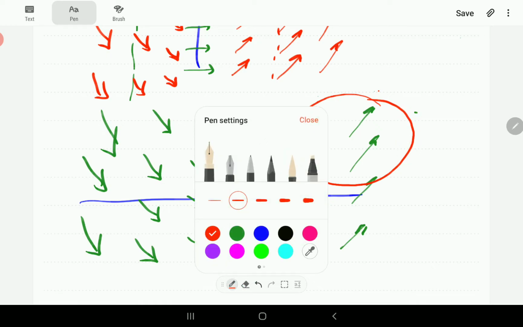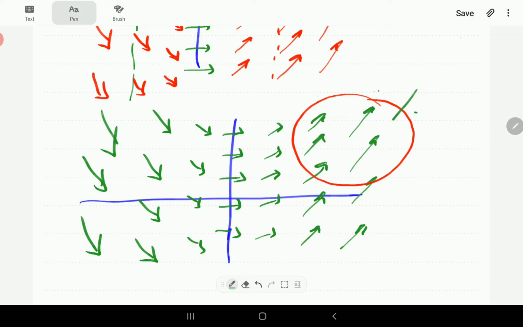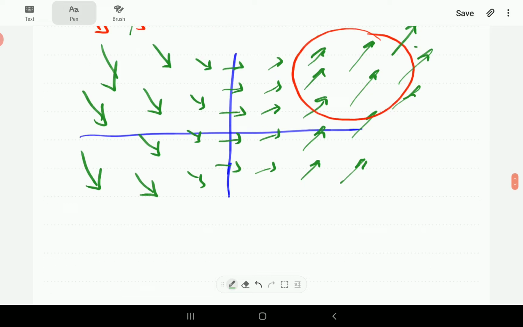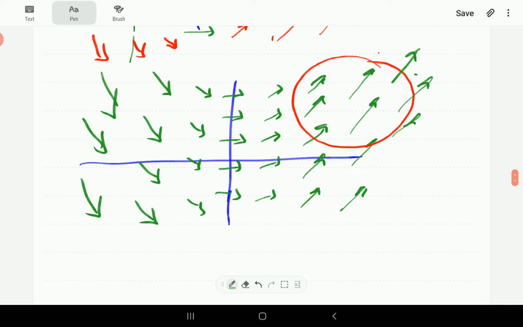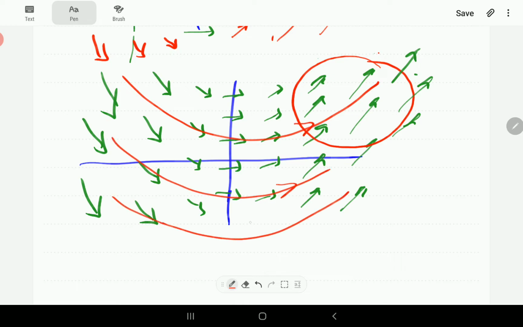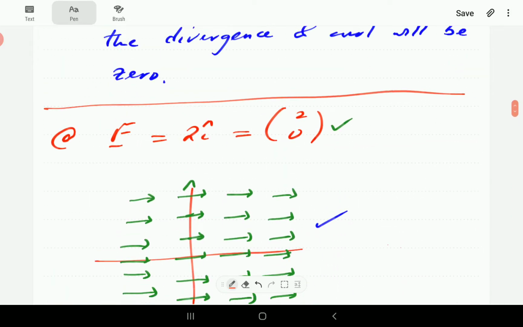So that means there is going to be some kind of divergence happening here, because as you get further from the origin, the magnitude of the velocity changes. And then since there is this obvious change of direction, this is indicating some rotational tendencies, and so the curl we expect for this one to be non-zero as well.